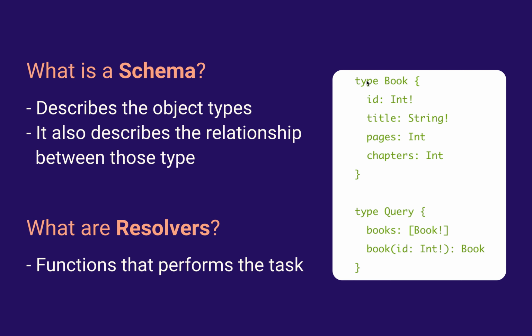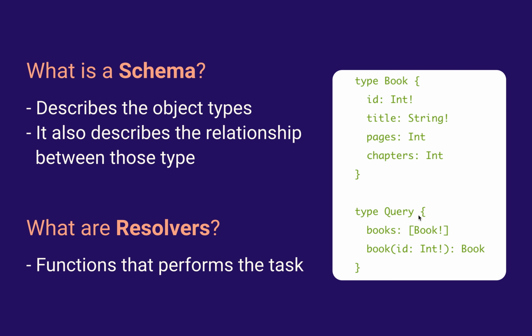In the example, type Book specifically tells you that ID will be Int, and the exclamation sign says that it is required. If you don't provide it, it's going to tell you that ID is required. Title is String and required as well. Pages is an integer, but it's not required, so if you don't call it, that's fine. Chapter is the same way, an integer.